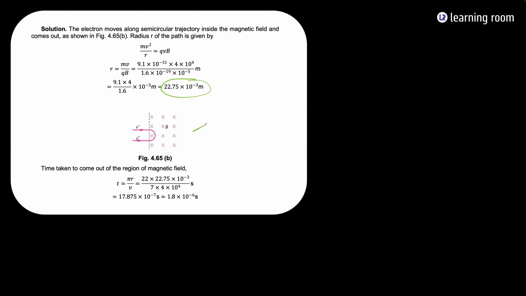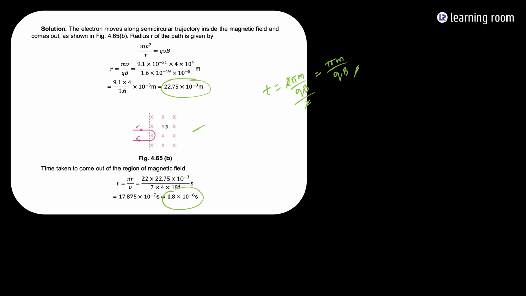So it needs to be a semicircular path. When you talk about the semicircular path, how much is going to be the time? Time will be equal to 2 pi m divided by qB, the whole divided by 2. 2 and 2 will get cancelled. It will basically be pi m divided by qB. When you calculate this, the answer will be 1.8 into 10 power minus 6 seconds.